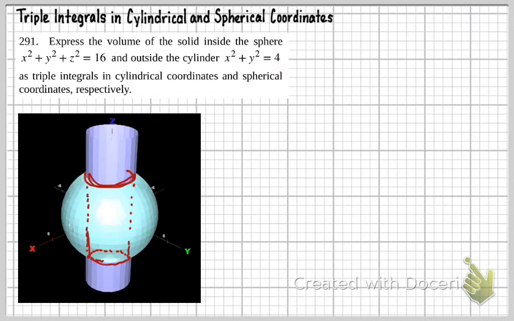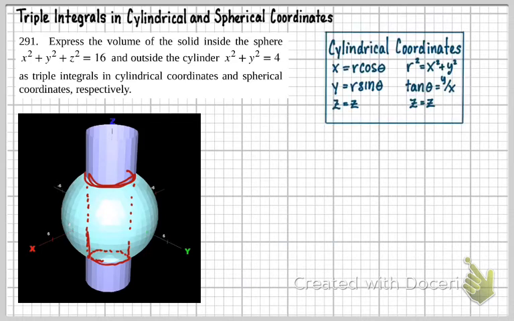So we just have to set that up in terms of cylindrical coordinates. So here's the cylindrical transformation. Now, one thing I'm not going to do in this video is go through the Jacobian again. I know my Jacobian for cylindrical is r.